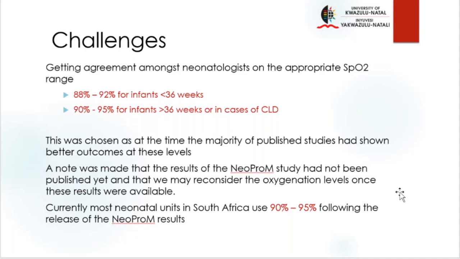And this was chosen because at the time, the majority of published studies had been using these values. However, we did make a note that once the NeoProm results were to be published, we may have to change our levels, and we have subsequently done so in most neonatal units, where now the values of 90 to 95% are generally used.